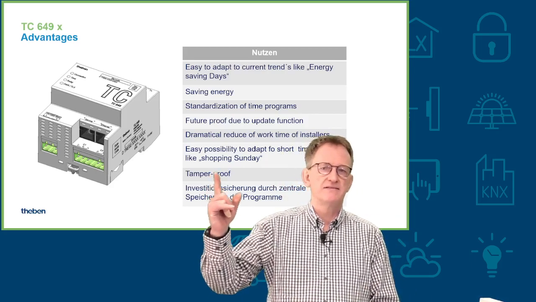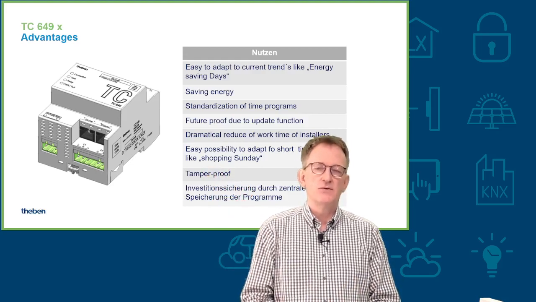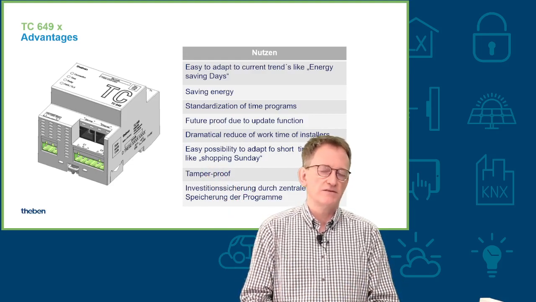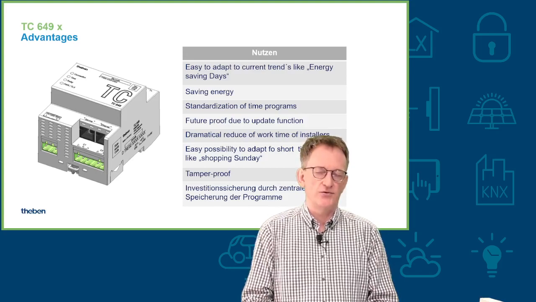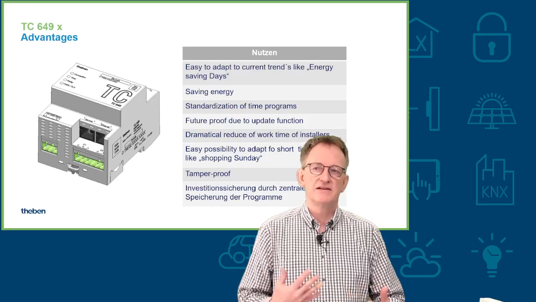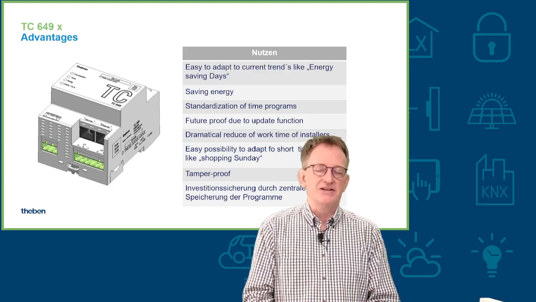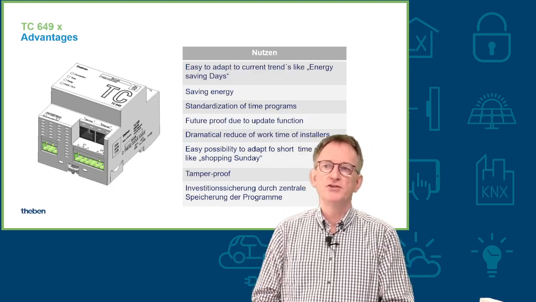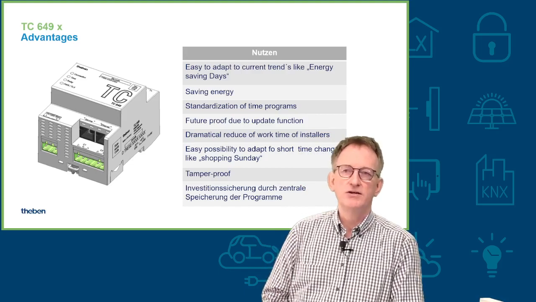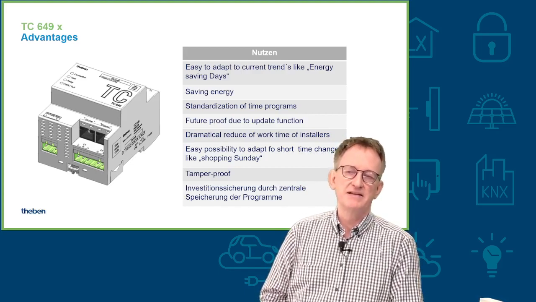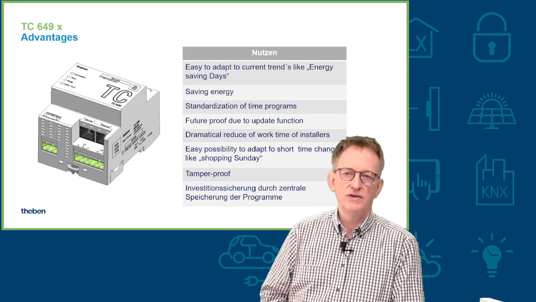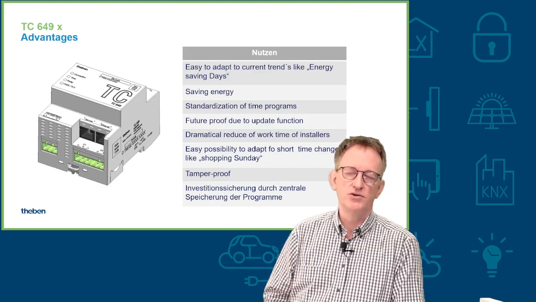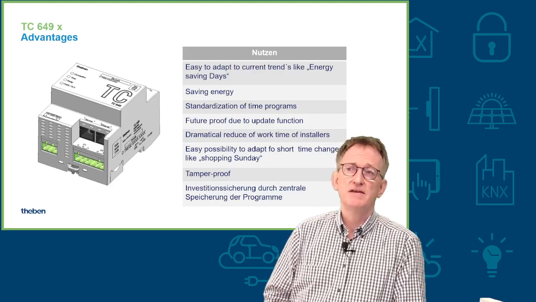If you have a shopping Sunday or a few other things, that's where you want to be flexible, where you probably know a few days or weeks before, and you do not want to spend a huge effort on the setup, on the changes of the time program. If you have to spend a lot of time, money and effort, you will not participate in those kinds of activities. If it is easy, then you can do it, and you will have a good advertisement for your location, for example. That's the advantage of the TC.